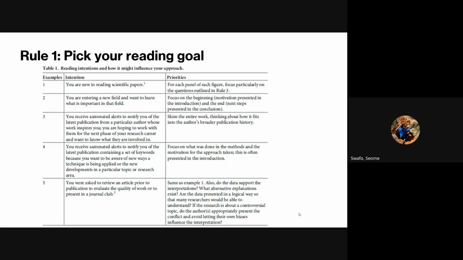Here, the table is showing you some intentions, more like goals, and what should influence your approach when you are reading that specific article. So let's look at the intentions and then delve into the priorities.